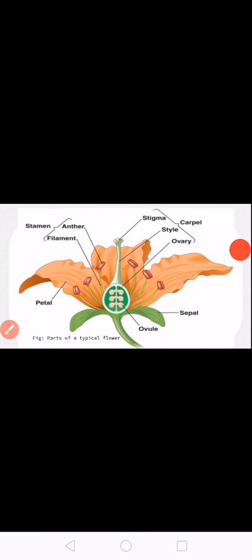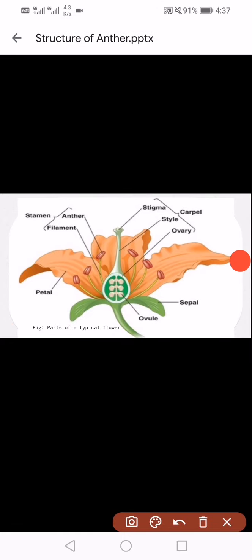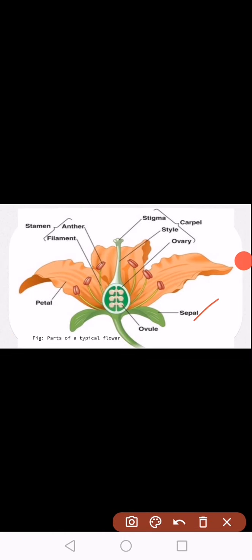Now, this is a picture of a typical flower. In this you can clearly observe the different parts, like the outermost part, which is called the sepal, and next to the sepal a brightly colored part is present, which is called the petal. These 2 parts are called the accessory organs.